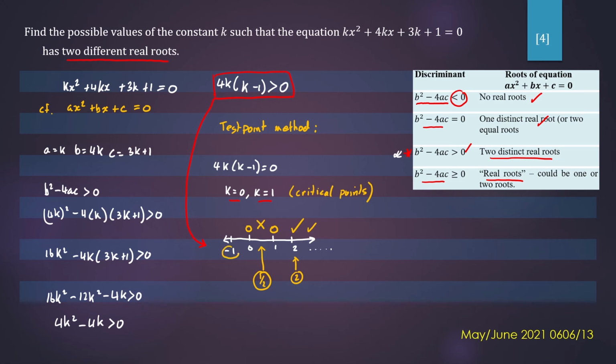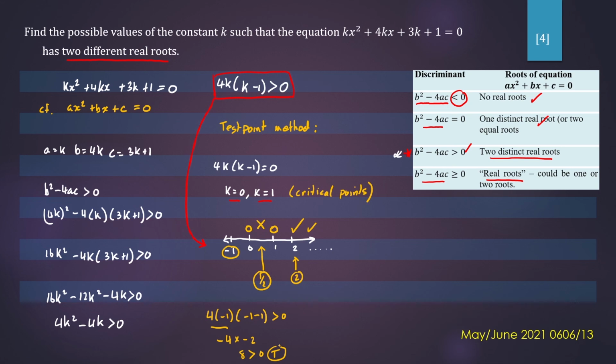So let's try one last number. Let's try negative 1, which is on the left side of the critical point. So let's sub in negative 1 into your inequality. We have 4 times negative 1 times negative 1 minus 1 greater than 0. 4 times negative 1, negative 4. Negative 1 subtract 1, which is negative 2, which will be 8, which is indeed greater than 0.